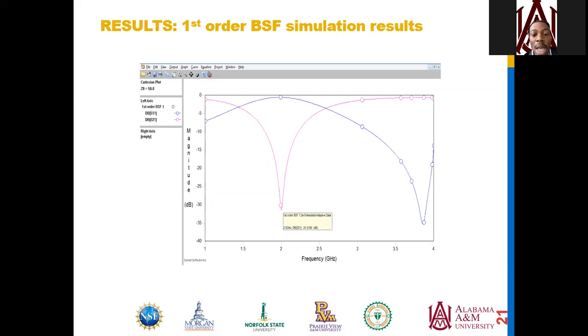As you can see, our transmittance creates a notch at a frequency of 2 gigahertz with a magnitude of minus 30 dB. Next slide, please.